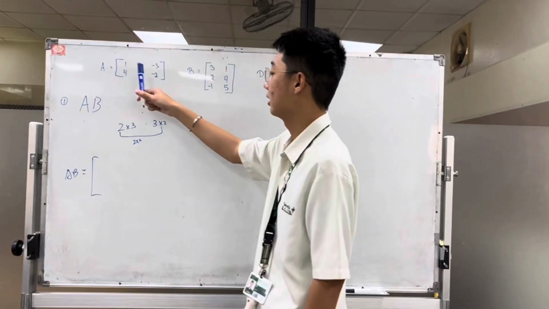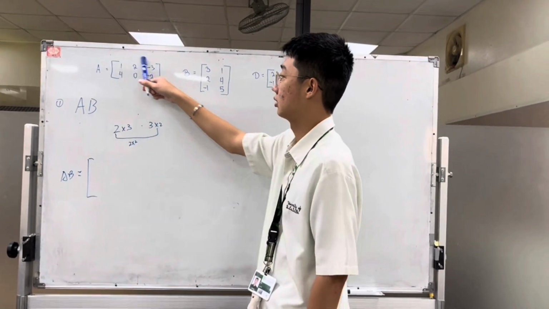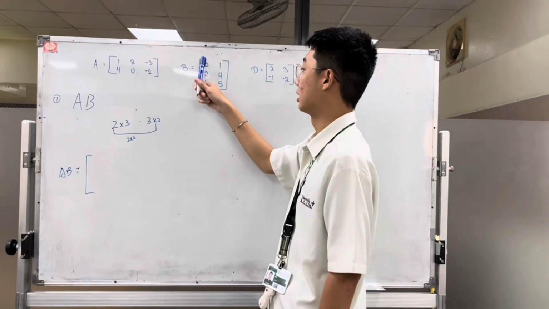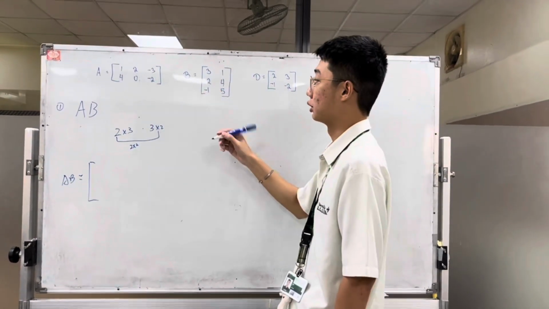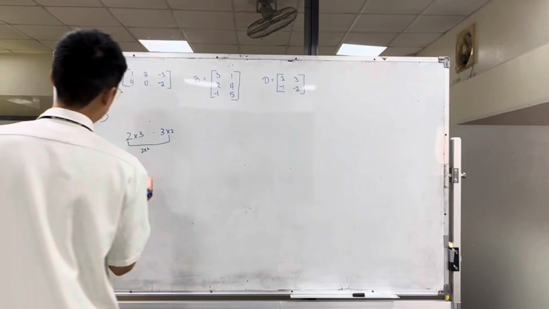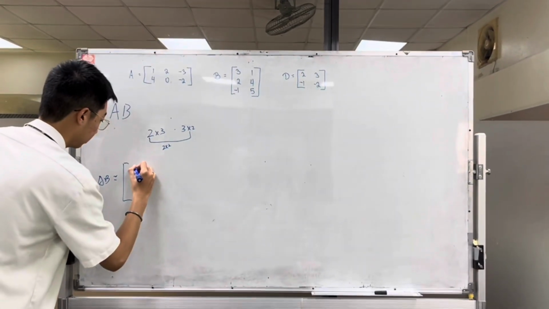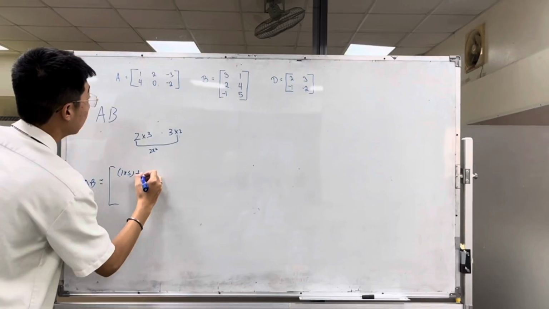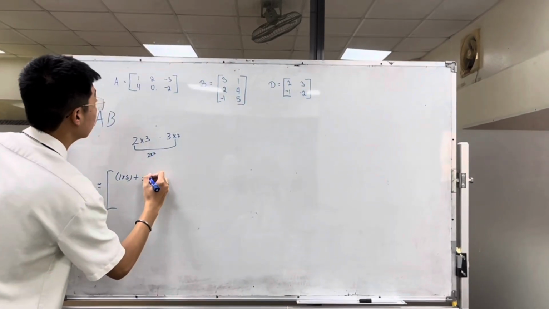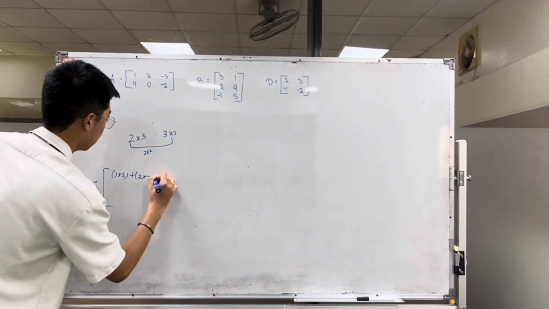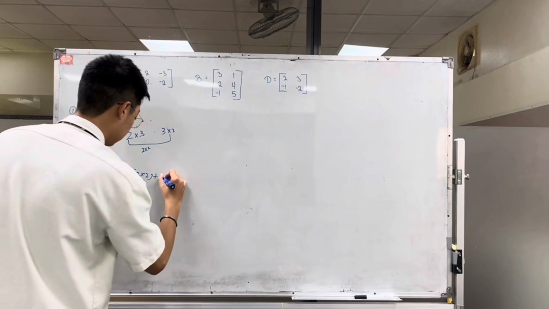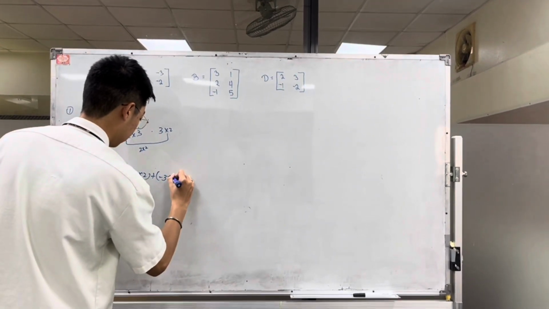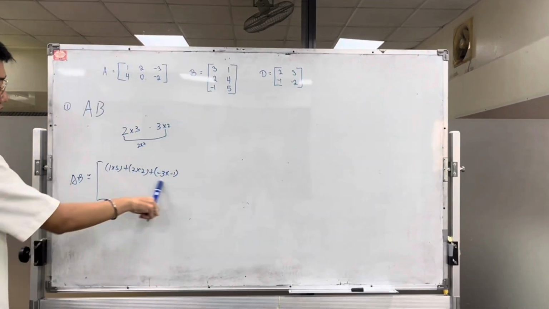Okay, so firstly, we use the first row of matrix A times the first column of matrix B, which will get this formula.